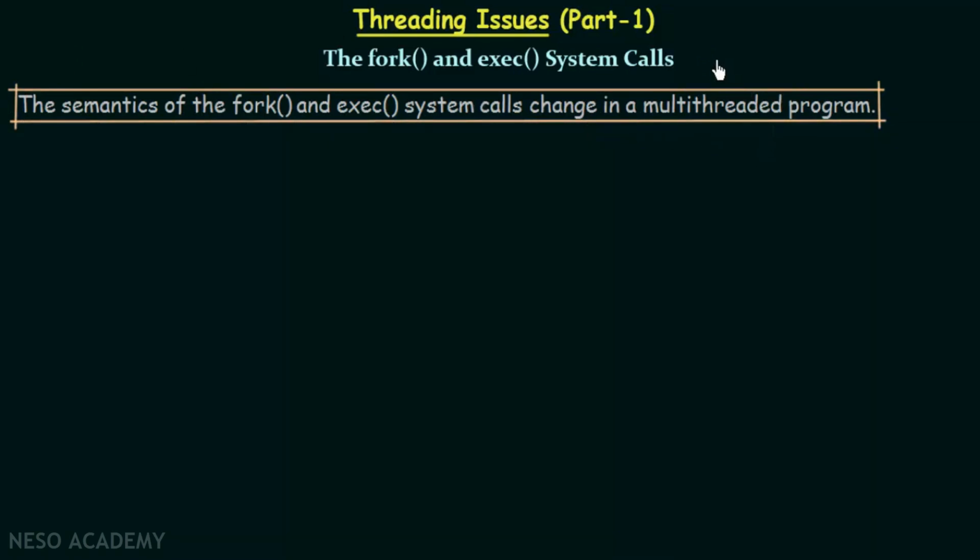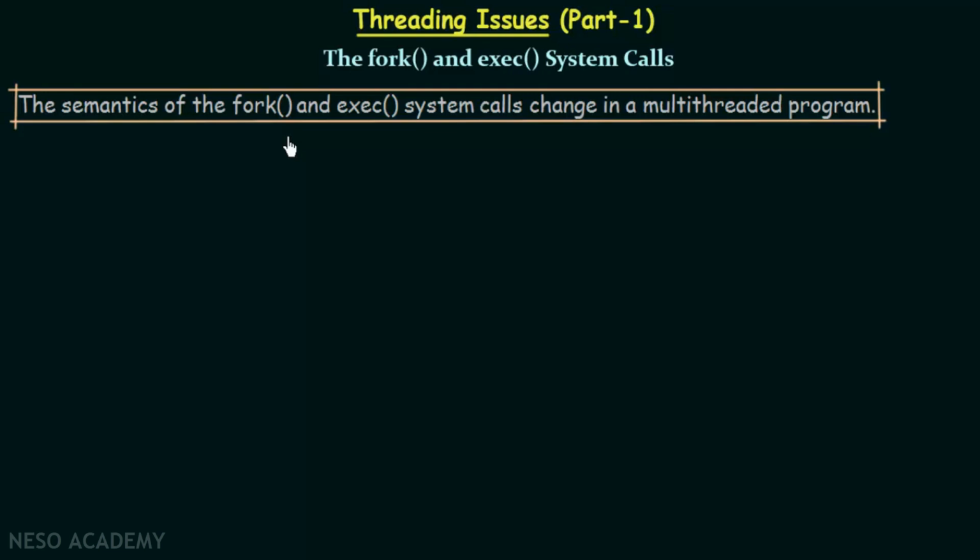And why is that? That is because we know that a process can consist of multiple threads. Let's say that one thread in the process requests a fork system call. We know that the function of the fork system call is to create a duplicate process.